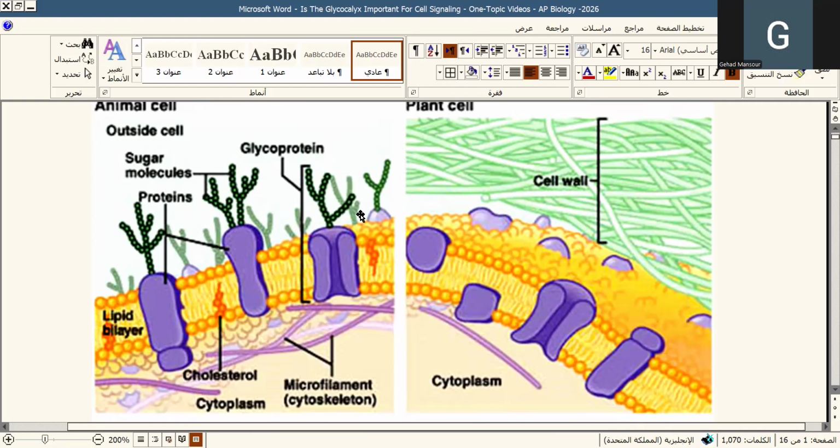But in case of animal cells, we have those glycoprotein molecules, and we call them collectively a glycocalyx because the carbohydrate moiety, the glyco prefix, looks like a crown on the top of the animal cell.